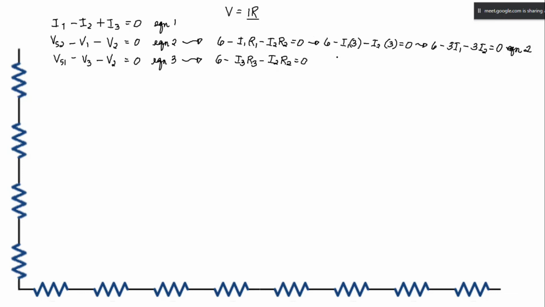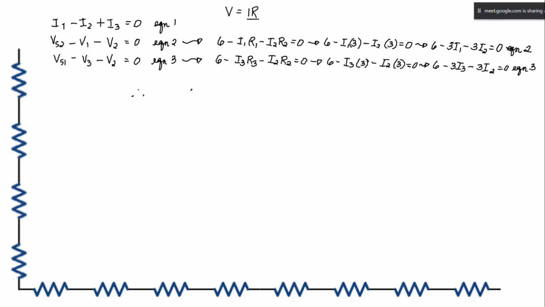Or, 6 minus I sub 3 times 3, minus I sub 2 times 3, equals 0. Or, 6 minus 3 I sub 3 minus 3 I sub 2 equals 0. Our equation 3. Sige po.